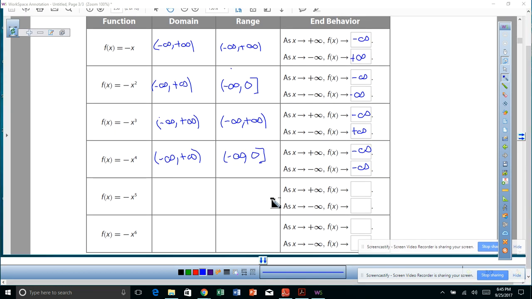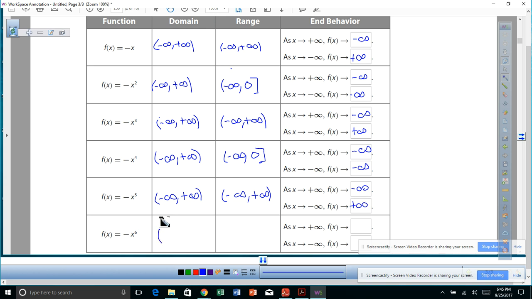Negative x to the fifth, well, you've got negative infinity to positive infinity, negative infinity to positive infinity. And here, okay, it's going to be the opposite, negative infinity and then positive infinity.